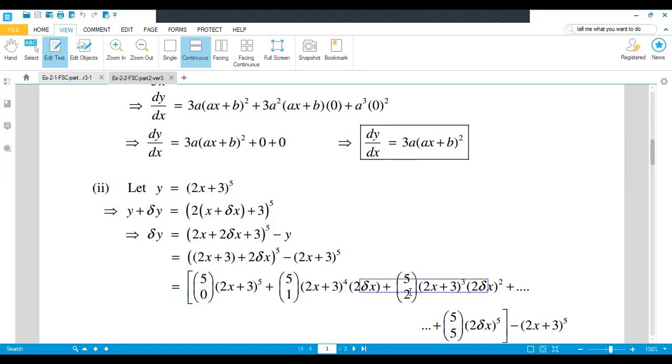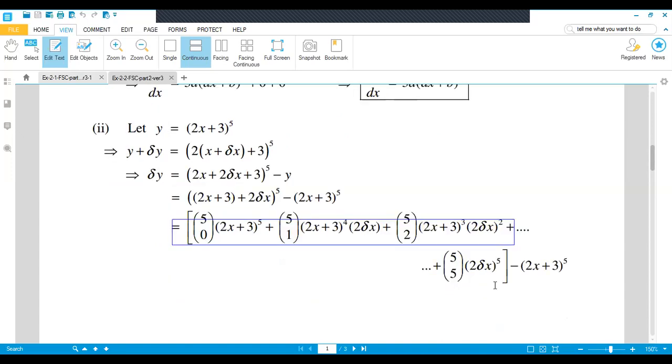Then 5 combination 2, the first value power minus 2, and the second value squared. Similarly so on. Because the power is 5, you have 5 combination 5, the first value power 5 minus 5, so that is 0. Anything power 0 is equal to 1, and the second value power 5, and this one minus (2x plus 3) power 5 you write as it is.